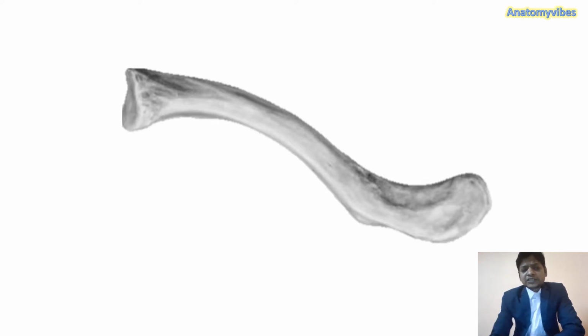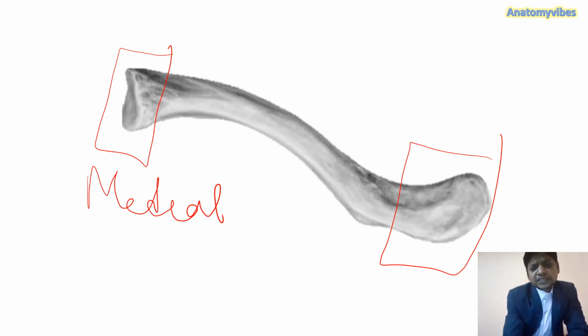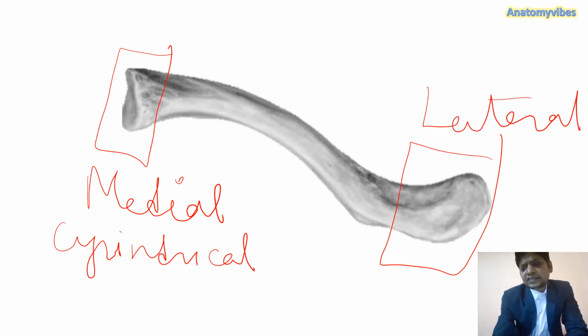Next you can see this end and this end are different. This is the medial end, and the medial end, as you can see, is cylindrical, while the lateral end, this end, is flat.